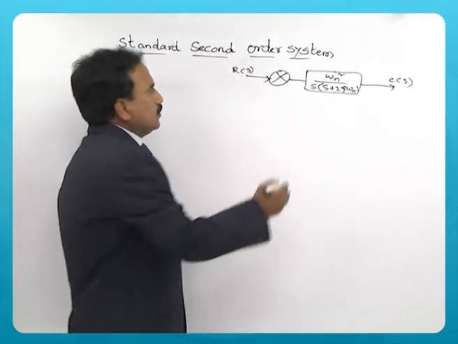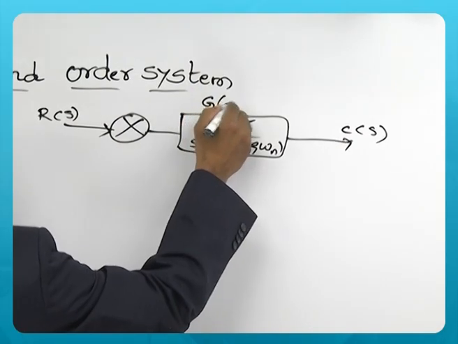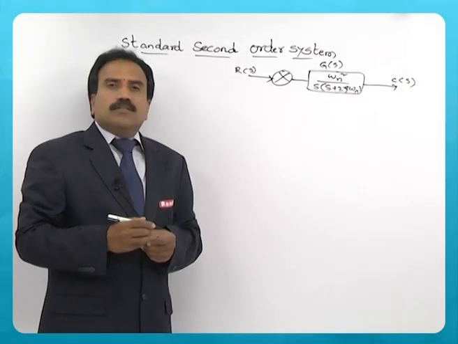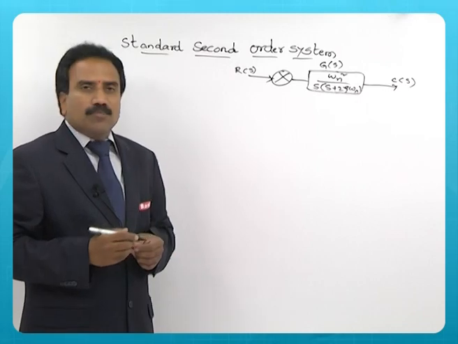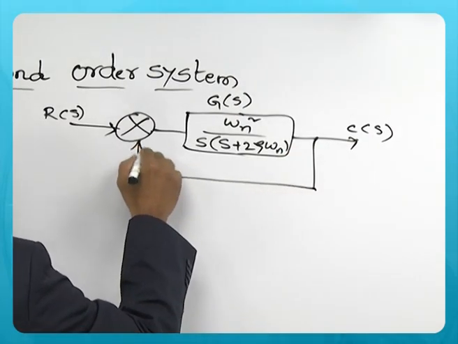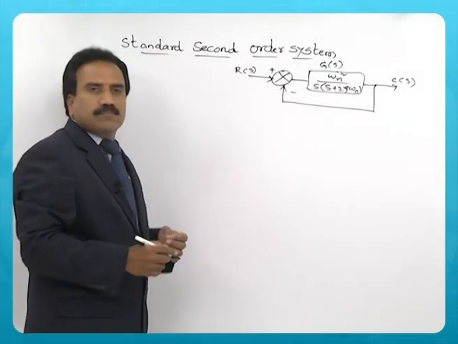Consider G(s) given by omega n square with two poles in the denominator, and assume that it is a unity feedback control system.